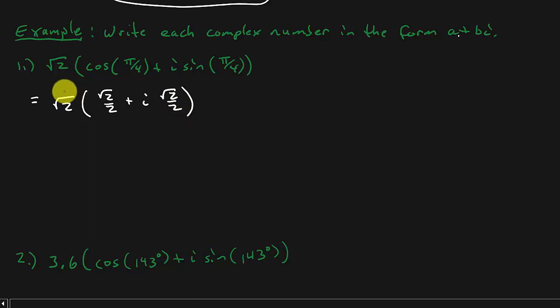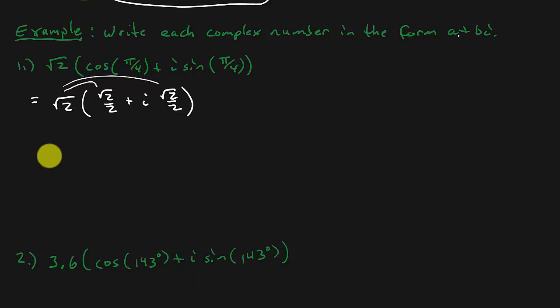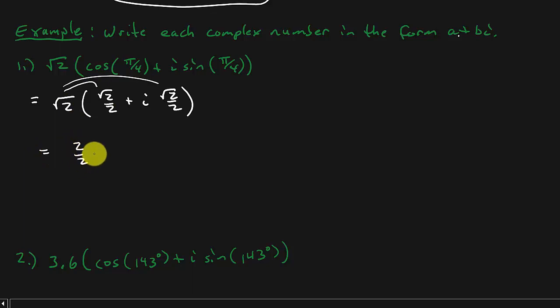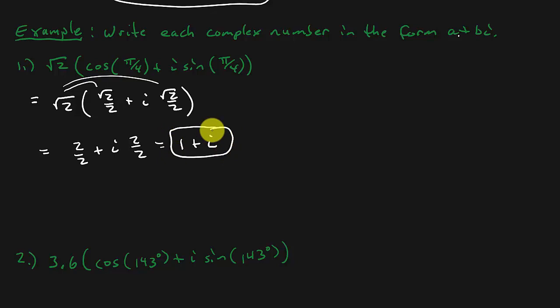And then we just distribute the square root of 2. So that's going to be 2 over 2 plus i times 2 over 2, which is 1 plus i. And there's your answer. So you see, that was pretty easy there, wasn't it? That wasn't bad at all.